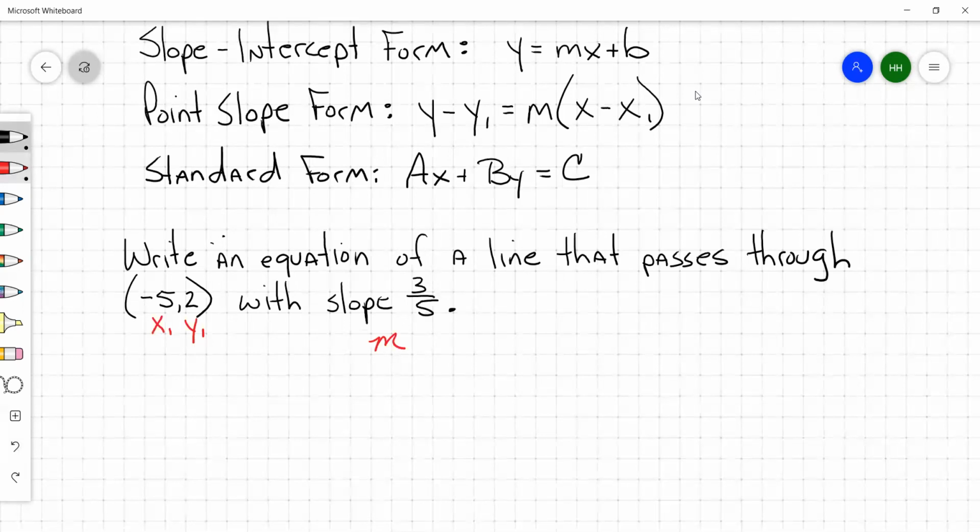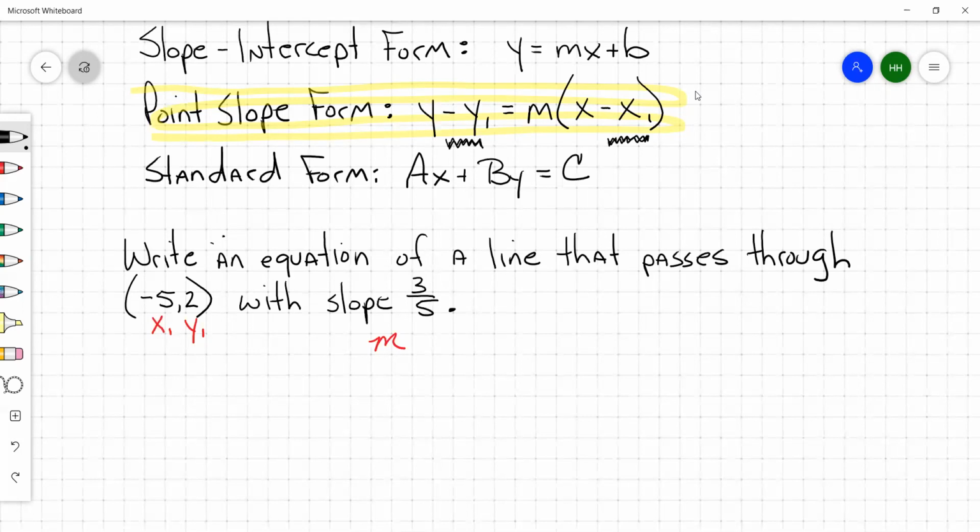So if you look right here at point-slope form, point-slope form is the letter y minus your y sub 1. Now, be real careful right here. You need to be careful, very careful right here and right here. Other than that, this is super easy.